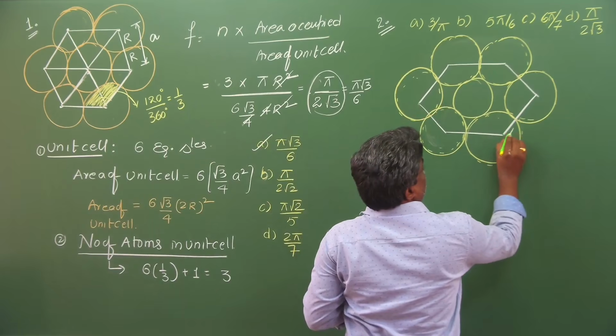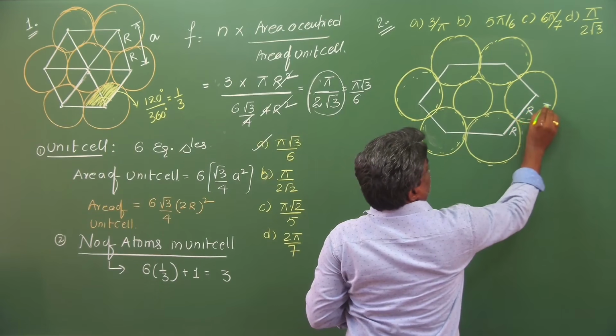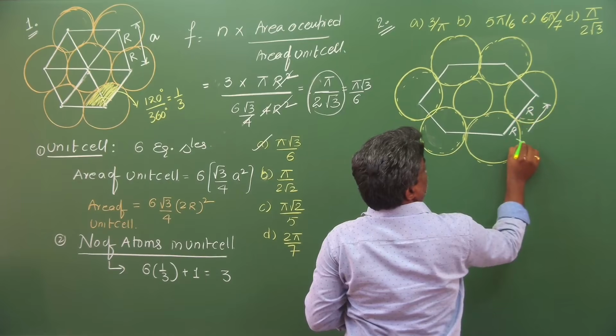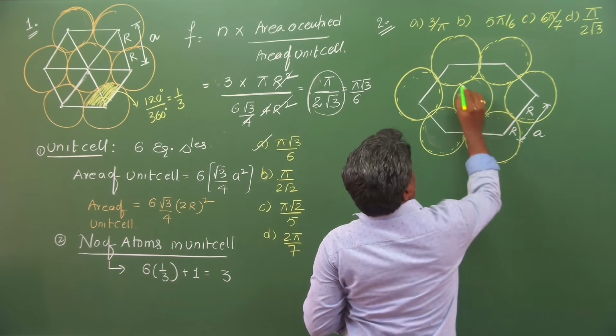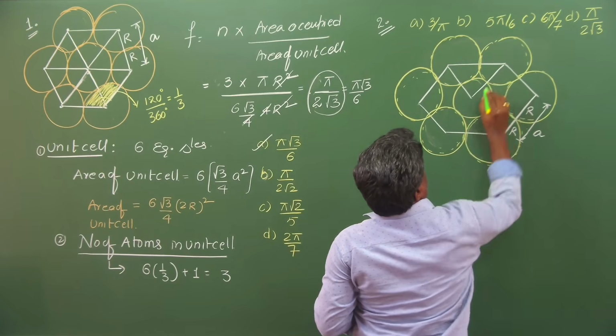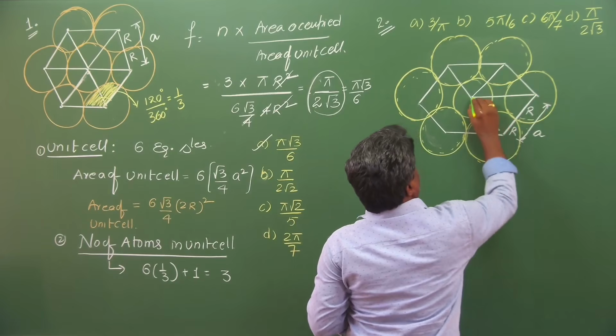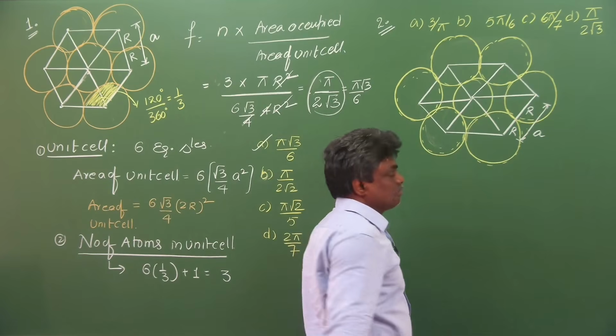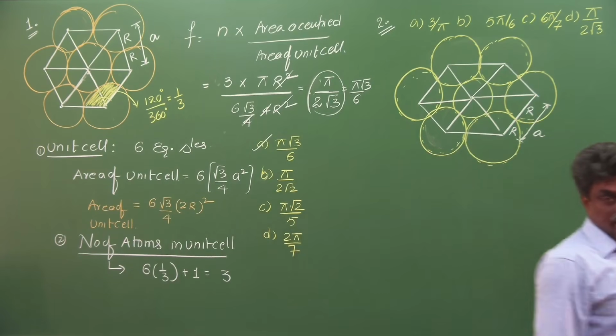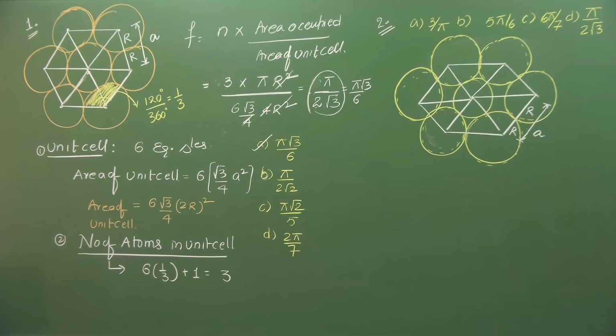A similar concept, come and do it. Again 6 equilateral triangles. Find the area of the unit cell. Find the number of atoms per unit cell.